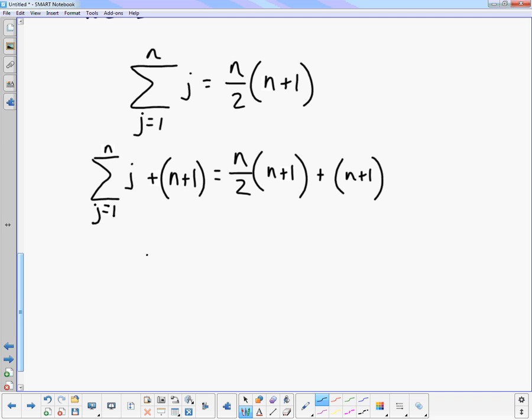So this becomes, yay, we have our left-hand side. That's what we wanted the left-hand side to look like. That was the left-hand side of my target.